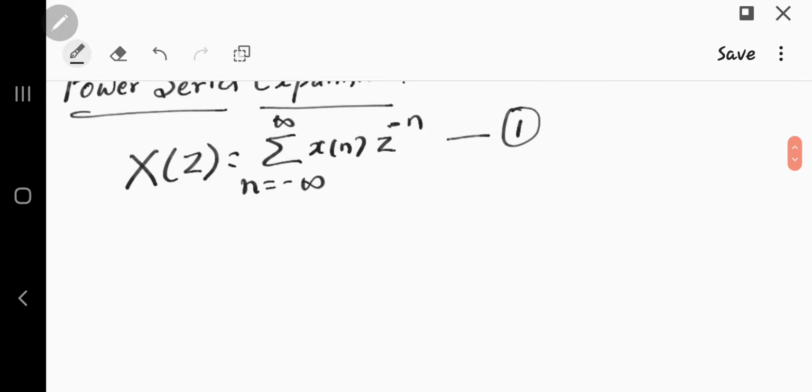Now if I expand this summation, that means if I keep on giving values from minus infinity to plus infinity, how will this look? Let's see.